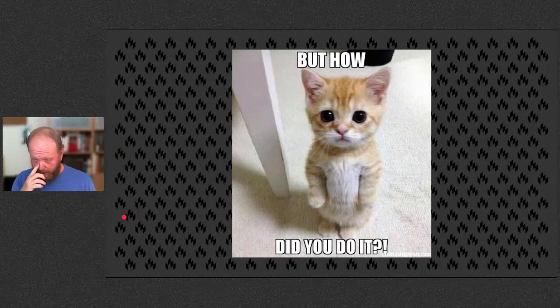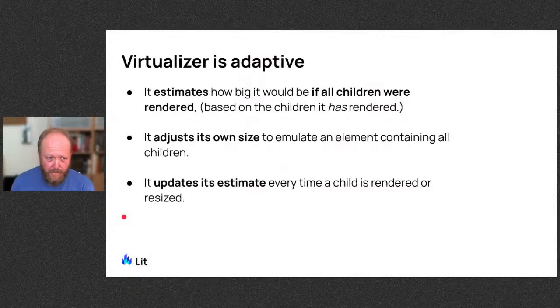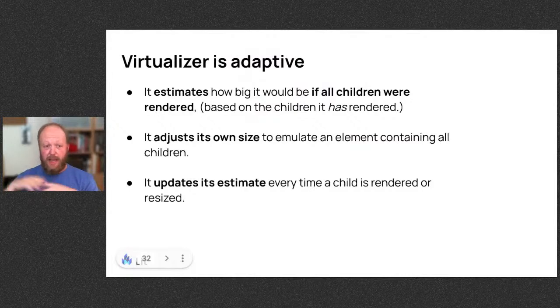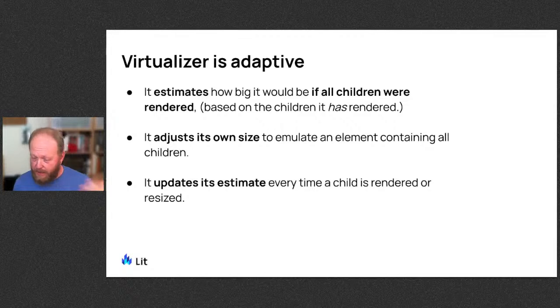So how does this actually work? Well, by default, Virtualizer is going to estimate how big it would be if all of its children were rendered. And it does that by looking at the children that actually will render in the first set. As it makes that estimate, it'll adjust its awareness of how big it should be and make changes to its estimate as you scroll through, so it can get a good understanding of your document set, and your scroll bars will feel real as you're moving around.